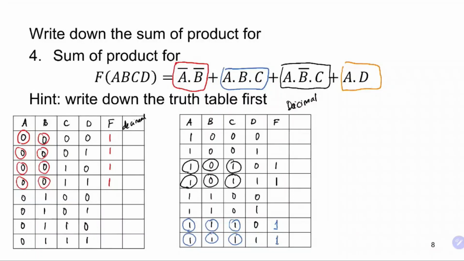A is 1, D is 1. I got 1 here. Here already has a 1, so it doesn't need to do anything. There you go, 1 there. Here, it's a 1 here. And then the last one there, so you've got an existing 1 there.